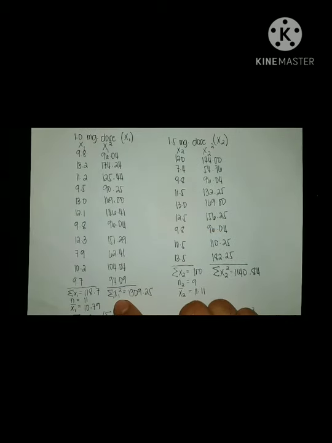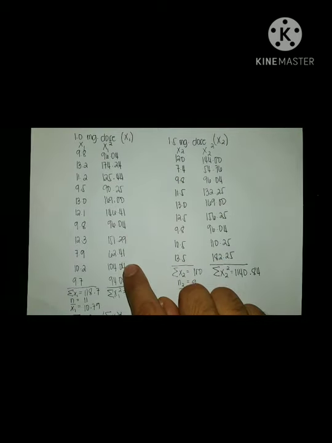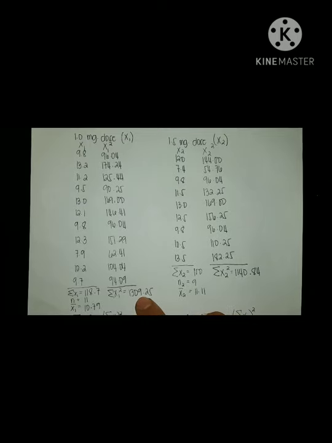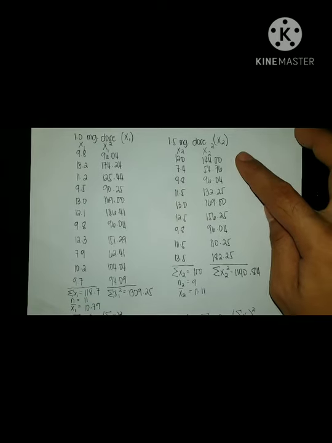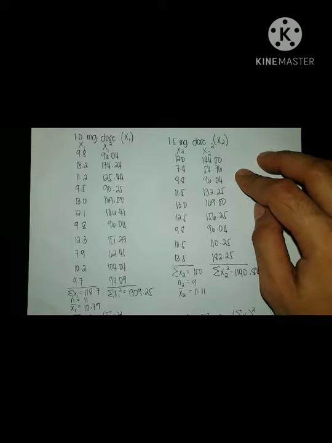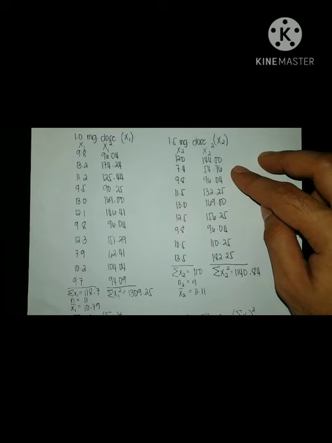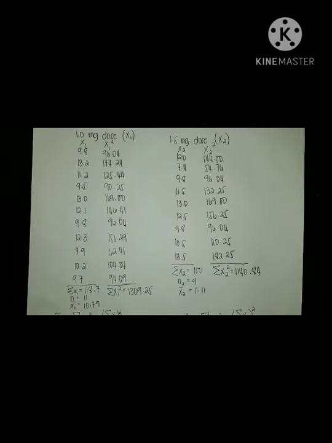Then we have the summation of x sub 1 squared, which is the sum of this data. That is 1309.25. So we also applied the same process on our x sub 2. Since we already have the following values, then we are now ready to solve for the sum of squares.